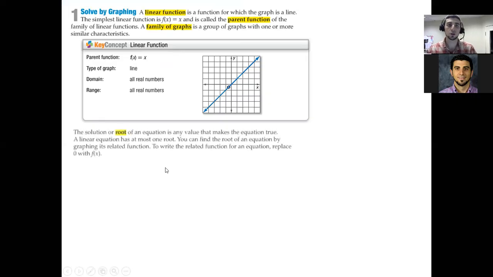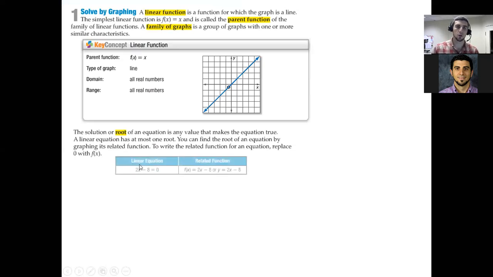All right, so the solution or root of an equation is a value that makes the equation true. A linear equation has at most one root. You can find the root of an equation by graphing its related function. To write the related function for an equation, replace the zero with f of x. So we'll talk more about that.